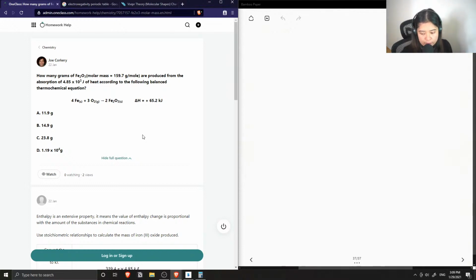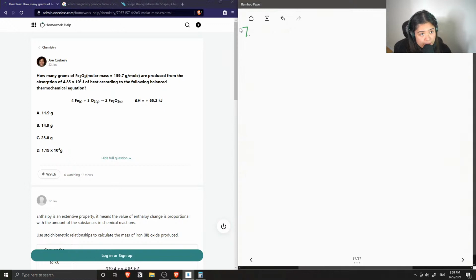Okay, so moving on to question number 7. How many grams of Fe2O3 are produced from the absorption of 4.85 times 10 to the 3 joules of heat according to the balanced thermochemical equation? Okay, so they balanced it out for us, which is good.